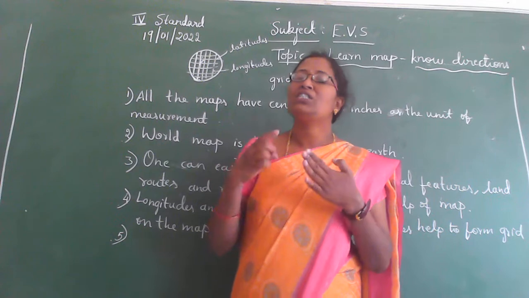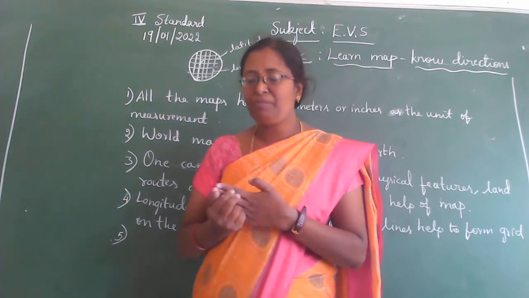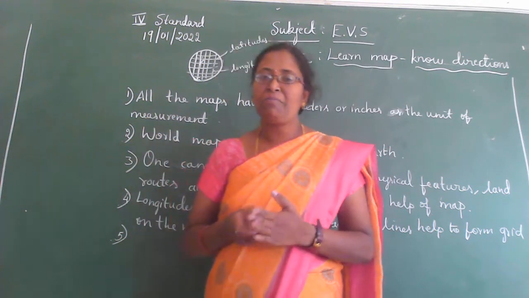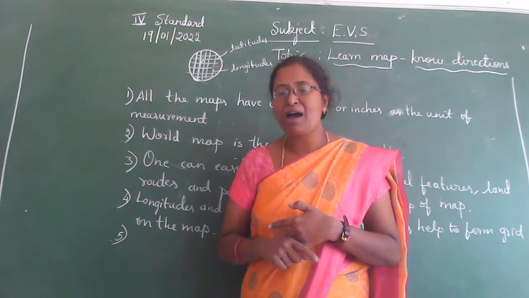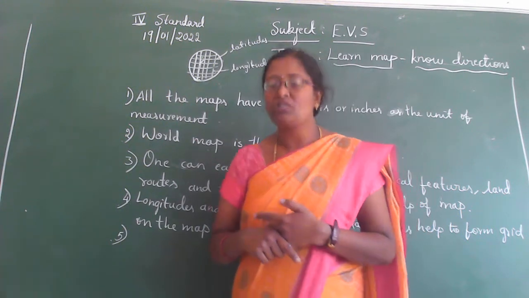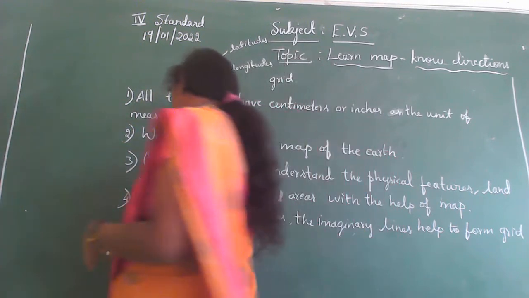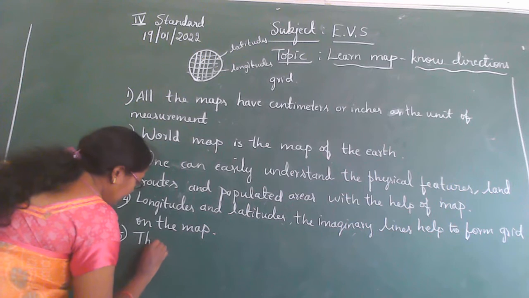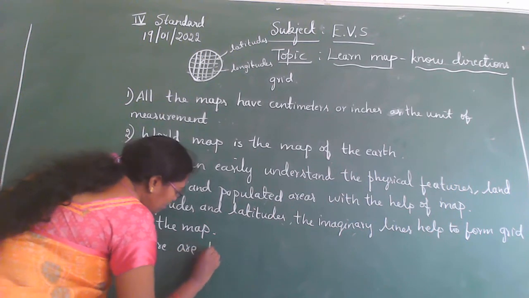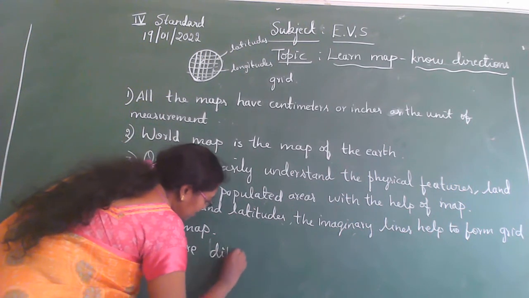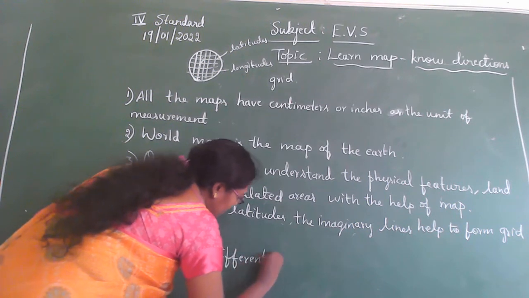So there are different types of maps. For example, physical map, soil map, weather map, and another one is train route map. Okay. There are different types of maps.